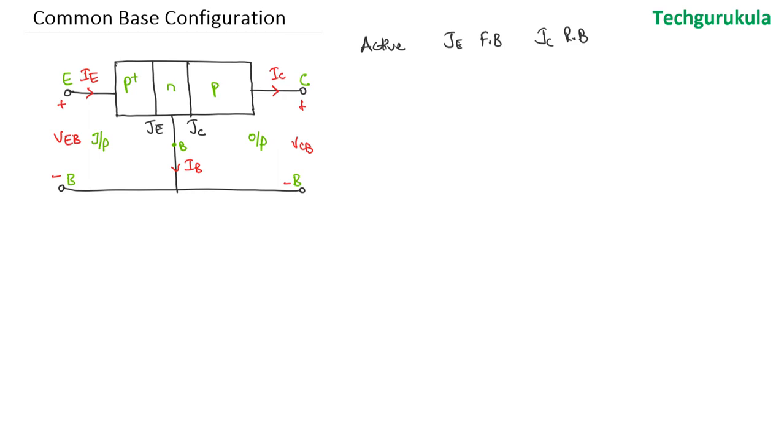Now, according to the voltages that we have, what should their values be to see emitter junction in forward bias and collector junction in reverse bias? So, VEB should be positive to make sure the emitter junction is forward biased, and VCB should be negative so that the collector junction would be reverse biased.